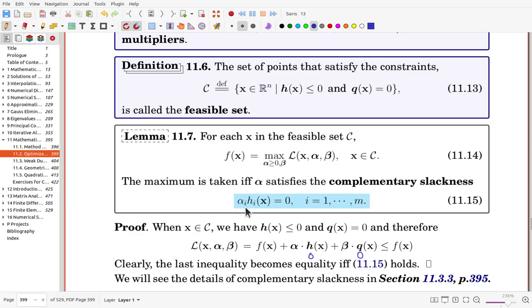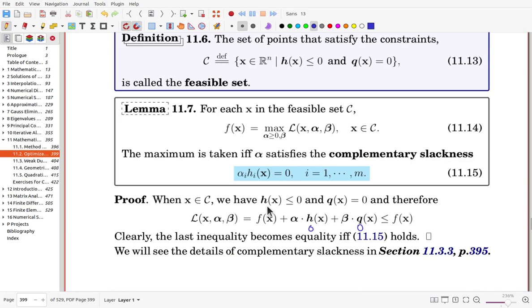But if alpha i is non-zero, then h i must be zero. Zero means the constraint is tight, and non-zero means it is not on the boundary, so it's loose, it's slack. That is where the name complementary slackness comes from, and we'll see the details of complementary slackness later on.